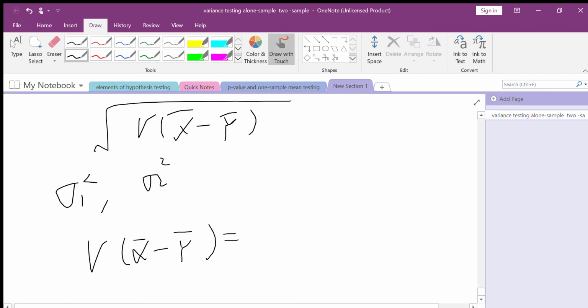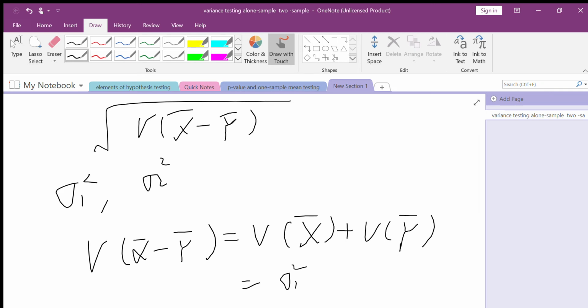Pretend we know the population variances sigma1 squared and sigma2 squared. What is the variance of X bar minus Y bar? It is just the variance of a linear combination of random variables. This is quite straightforward because X bar and Y bar are independent, so there is no covariance. It is sigma1 squared divided by n1 plus sigma2 squared divided by n2.